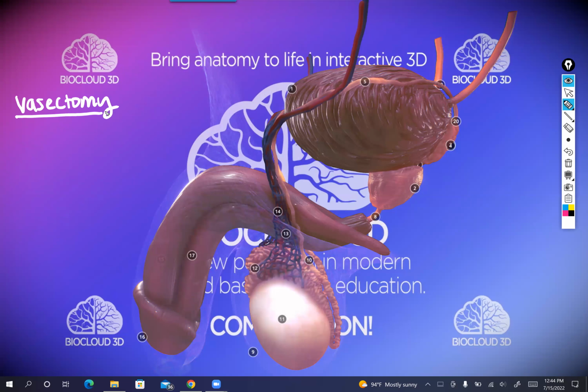So during a vasectomy, vas refers to vas deferens. So during a vasectomy, here's what happens. An incision is made in the scrotum, pretty close to the body wall. And then using a probe, just the vas deferens is brought out in a loop.